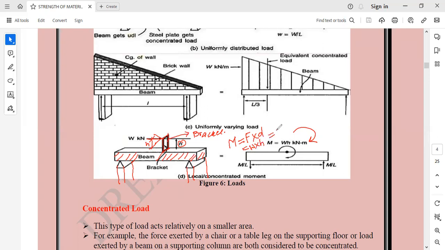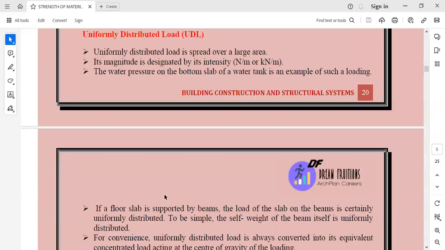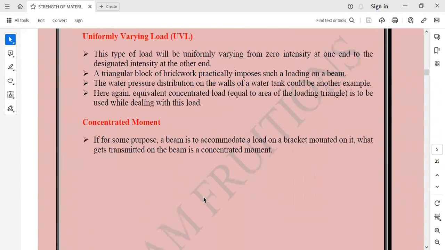So the moment will be Wh kilonewton meter. So in concentrated moment, a beam accommodates a load on a bracket which is mounted on it, which gets transmitted to the beam as a concentrated moment.